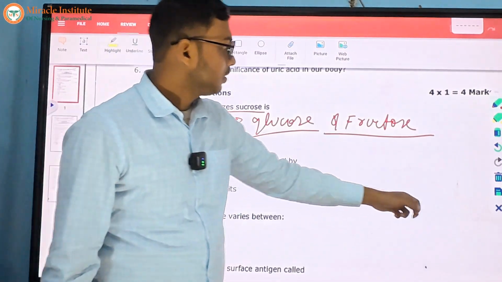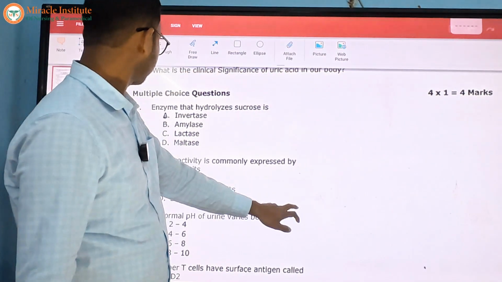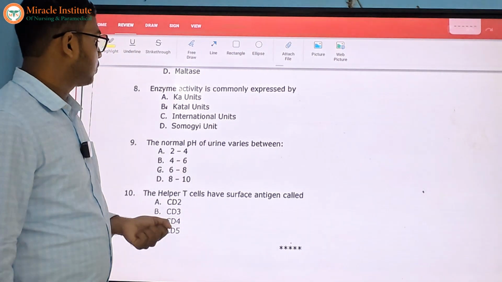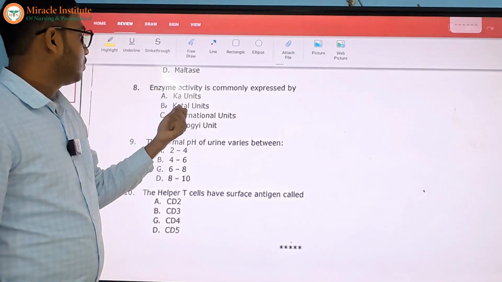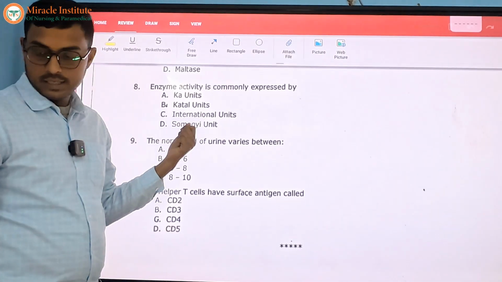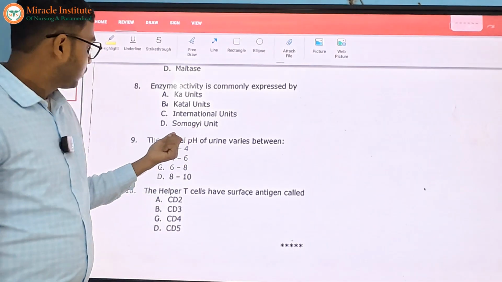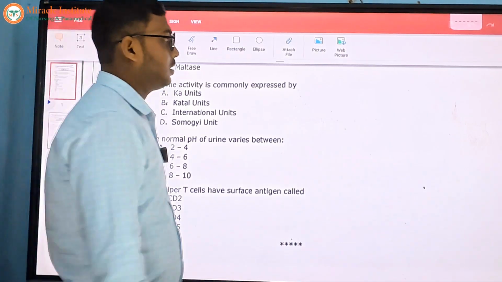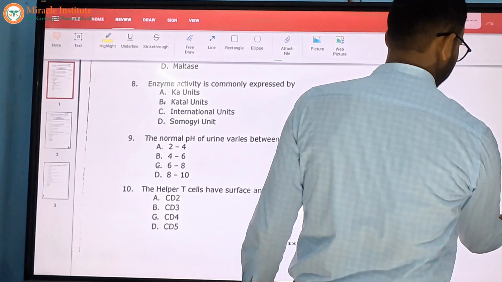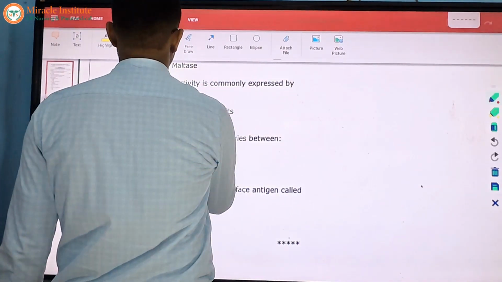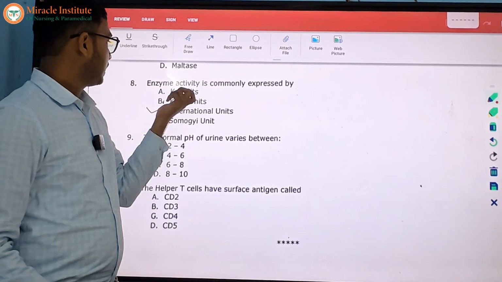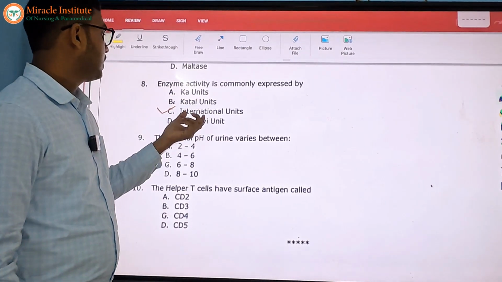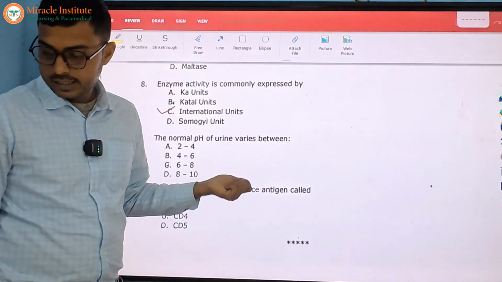Next question: enzyme activity is commonly expressed in which unit? The options are katal unit, international unit, and others. The answer is international units. Enzyme activity is commonly expressed in international units.